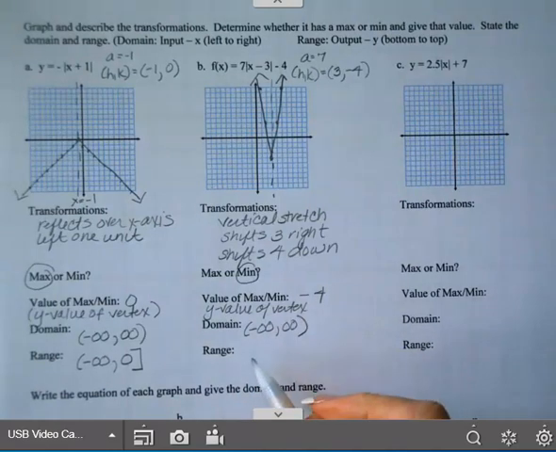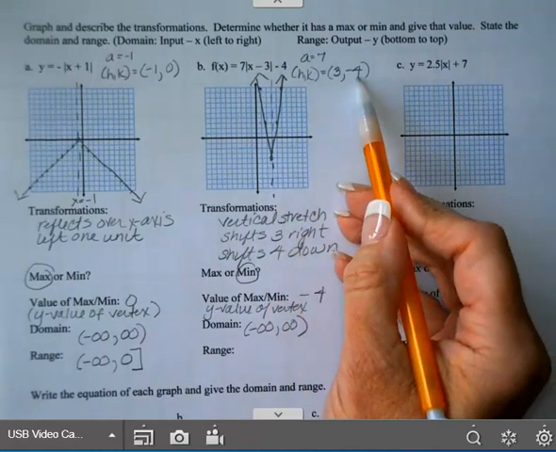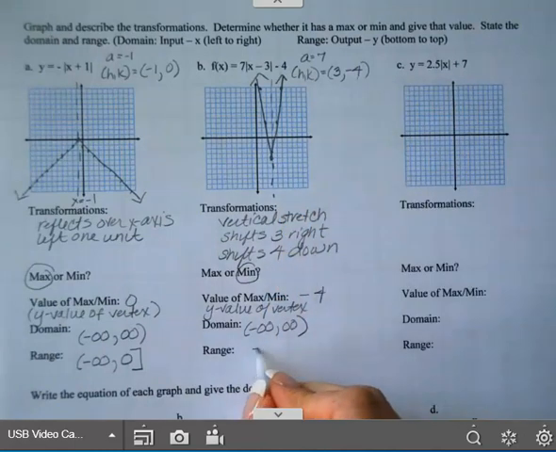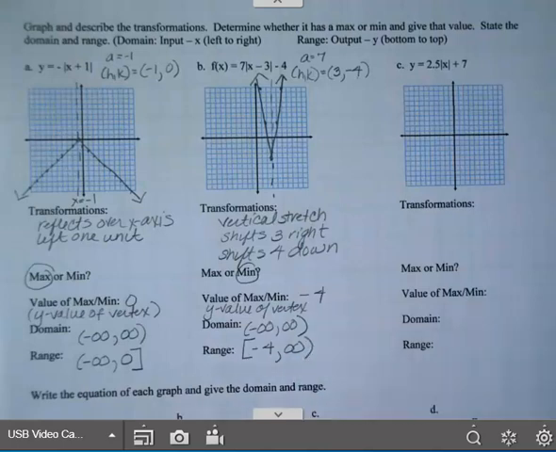The range, it's floor to ceiling. The lowest it goes is your y value, which is from the vertex, -4. It does touch the vertex. It's included, so it's going to be bracket -4, and then it goes up forever after that.